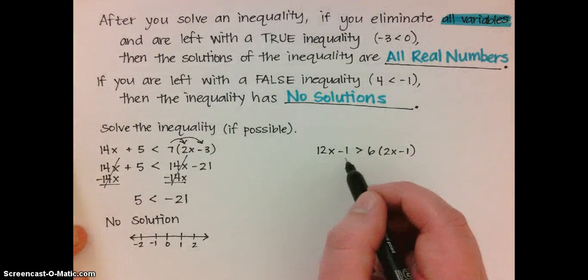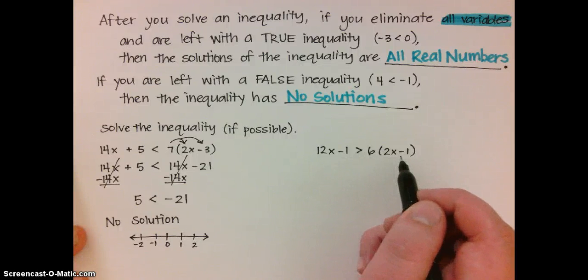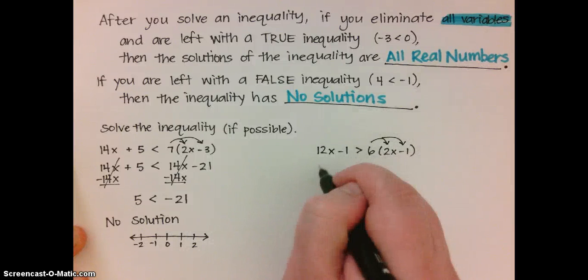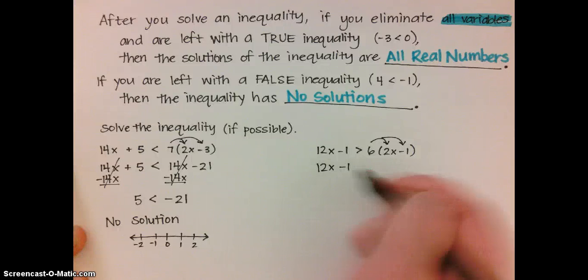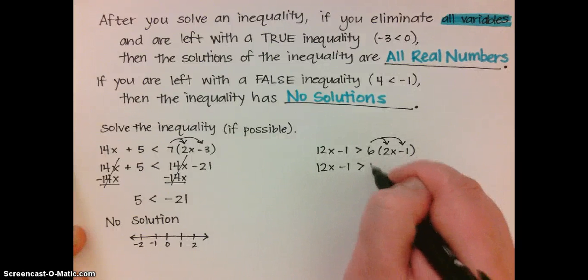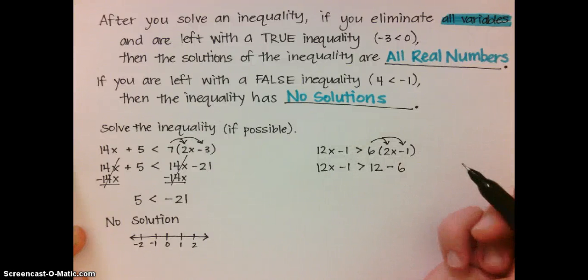12x minus 1 is greater than 6 times the quantity 2x minus 1. I'm going to do my distributive property one more time and rewrite it. I have 12x minus 1 on the left-hand side is greater than 6 times 2x is 12x, minus 6.